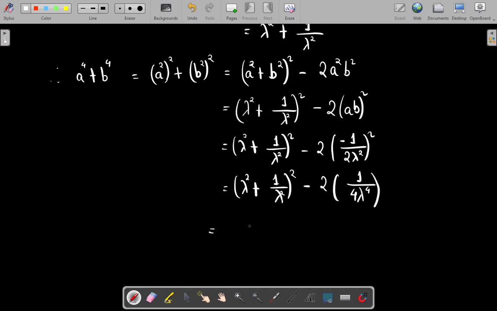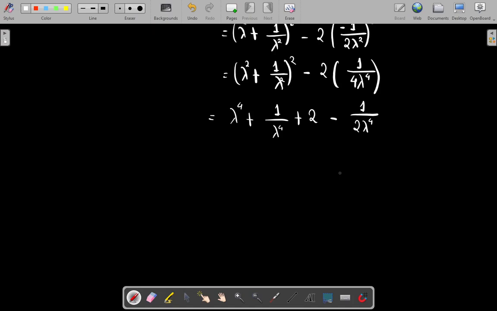Now if we expand the square, the first terms are lambda to the power 4 plus 1 upon lambda to the power 4, and the twice cross term is 2 times lambda square times 1 upon lambda square, so we get only 2. And from here we get 2 upon 4 lambda to the power 4, so 2 and 4 will get cancelled, and we are left with minus 1 upon 2 lambda to the power 4.